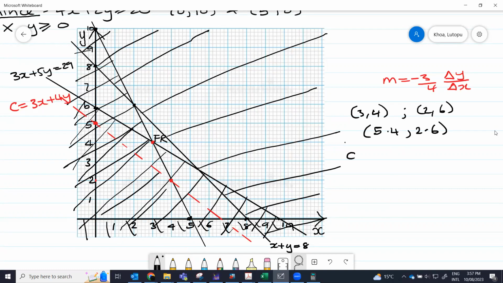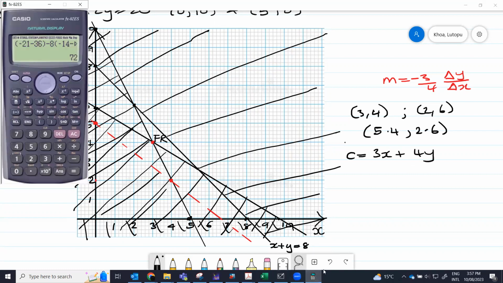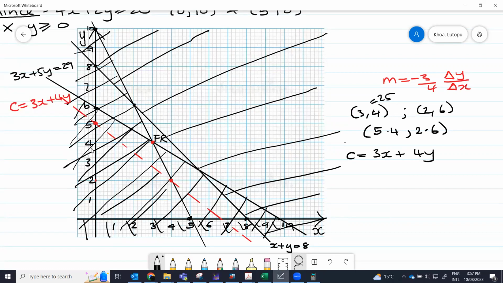So our cost is 3x plus 4y. You can do that even on your calculator and only show the working for the one that gives you your answer. So it's 3 times 3 plus 4 times 4. This one gives us 25.